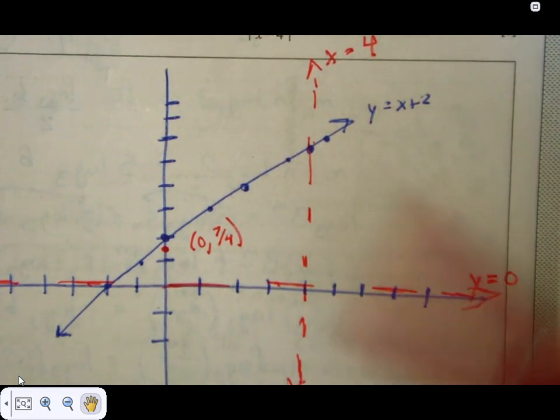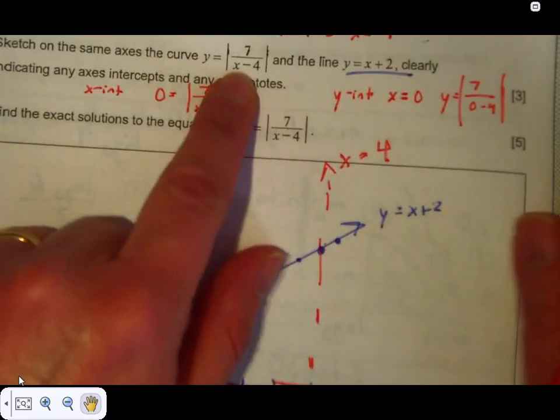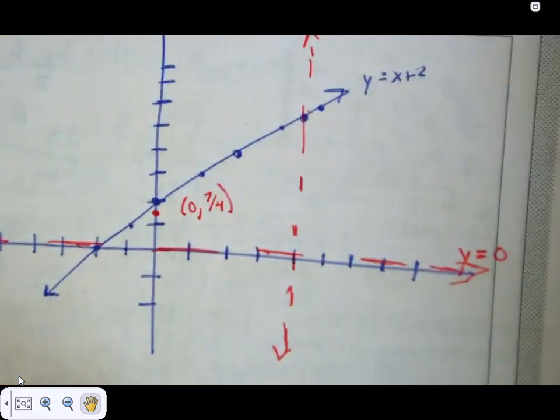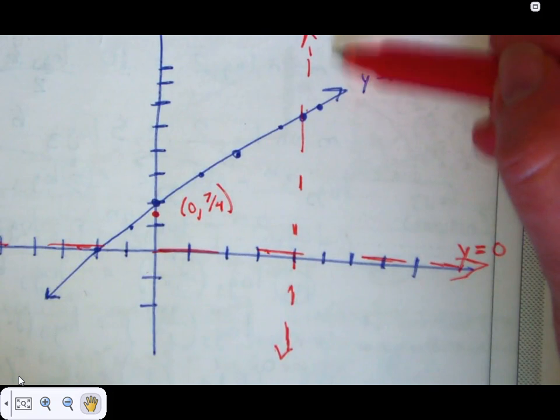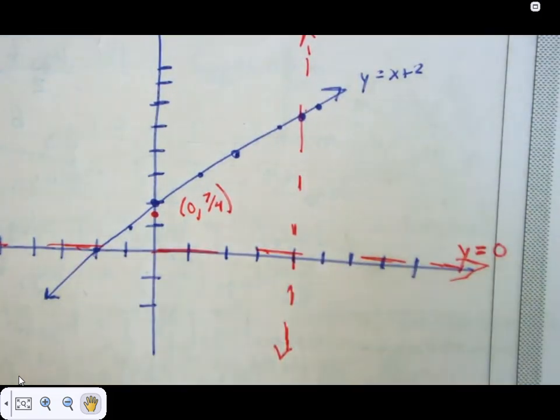In this case, I can't go down, because if I did, I would cross into the negative territory. Remember the definition of vertical asymptote is as you approach it from the right or the left, you would go to infinity or negative infinity. I only have the choice of going to infinity because I'm taking absolute value, and absolute value makes it positive. So it looks like this and like this. It's going to be two curves.